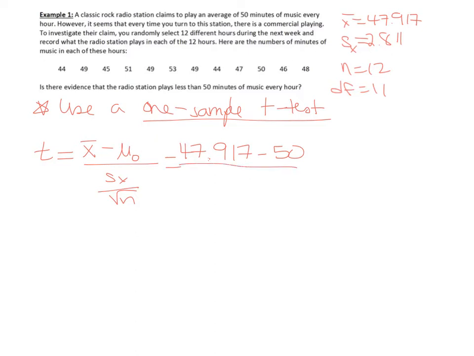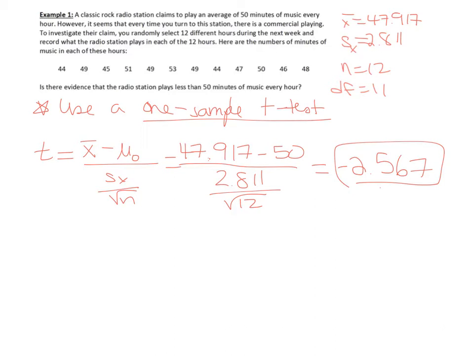And this is over my standard error, which is the standard deviation from the sample over the square root of n. You'll find that your test statistic is negative 2.567. So that's a good start.